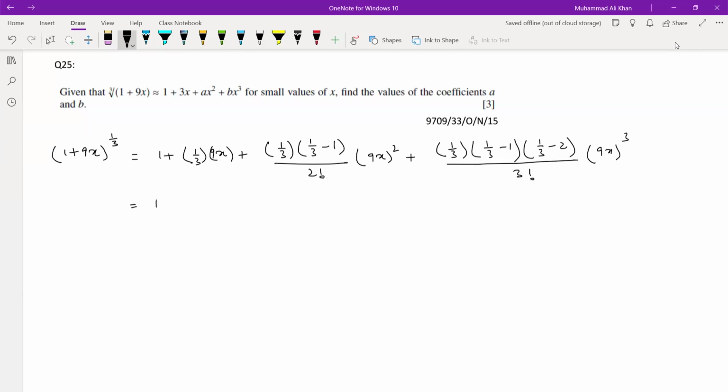So now the first terms are 1 plus, 3 3s are 9x. What is next? Minus 9x squared. What is next?